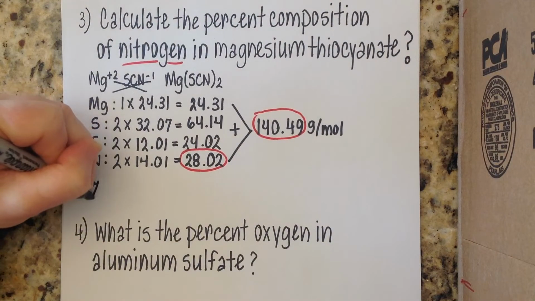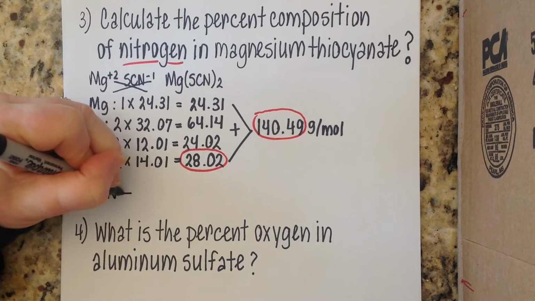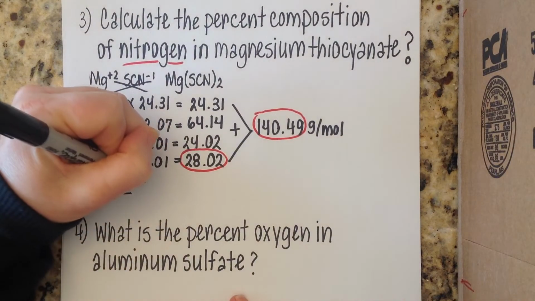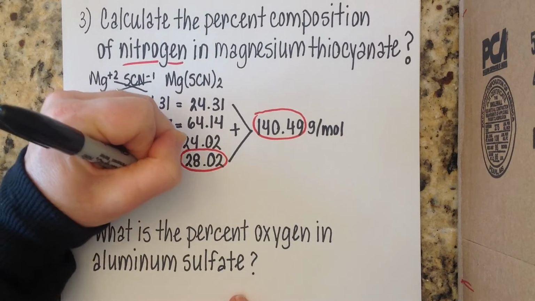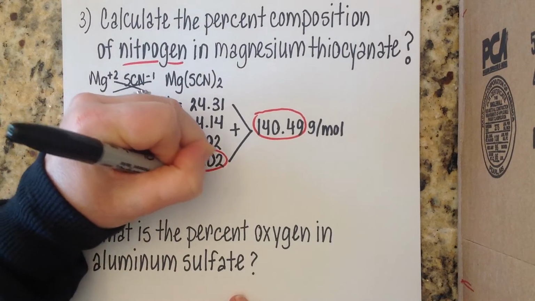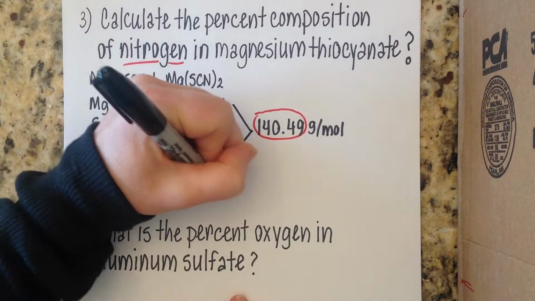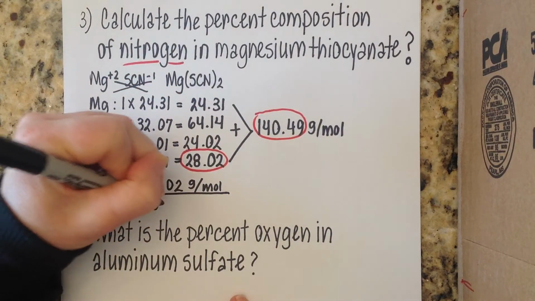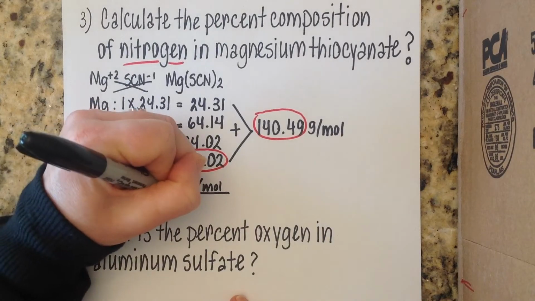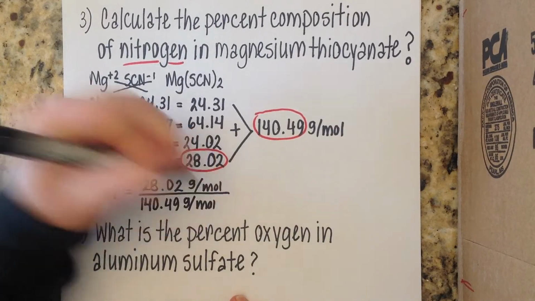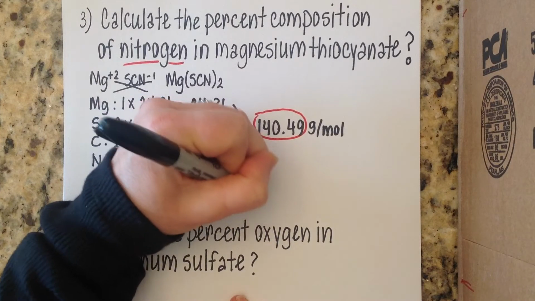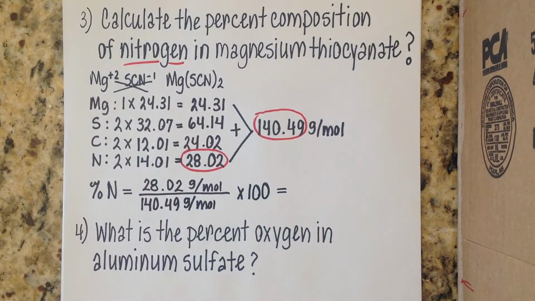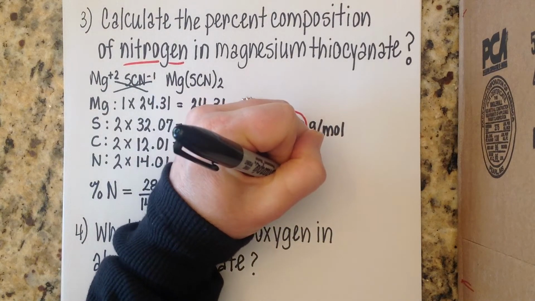So percent nitrogen equals 28.02 grams per mole divided by the total, which is 140.49 grams per mole, times 100. When we punch that in, you should be getting about 20% nitrogen.